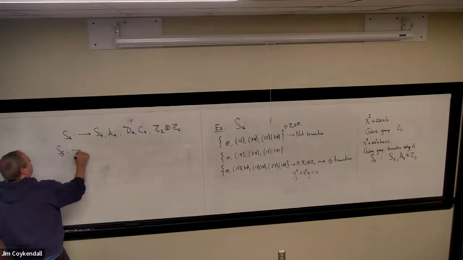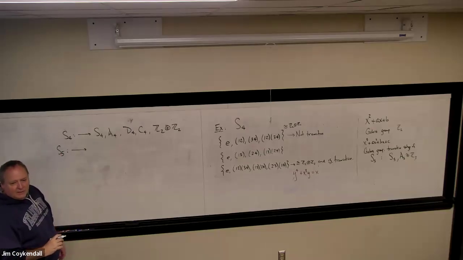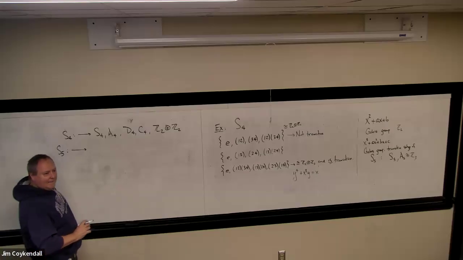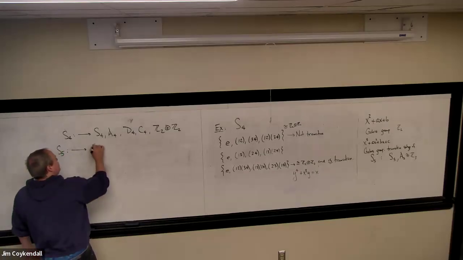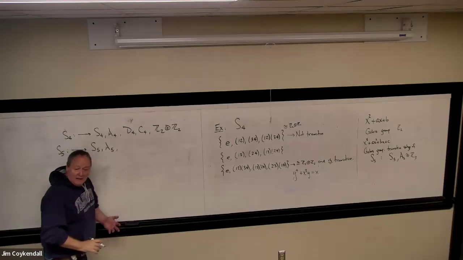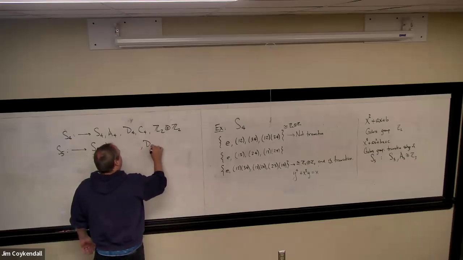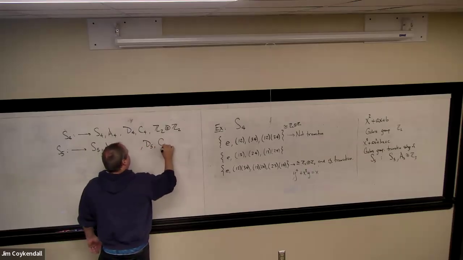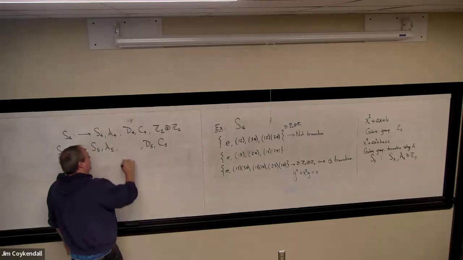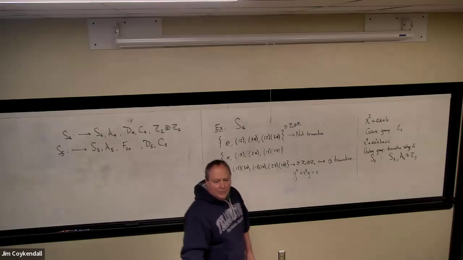S5. How many transitive subgroups are there here? No, there's 5. Anything that contains a 5-cycle. So we've got the dihedral group on the pentagon, we've got cyclic of order 5, and there's a weird one, F20. This is a Frobenius group of order 20.